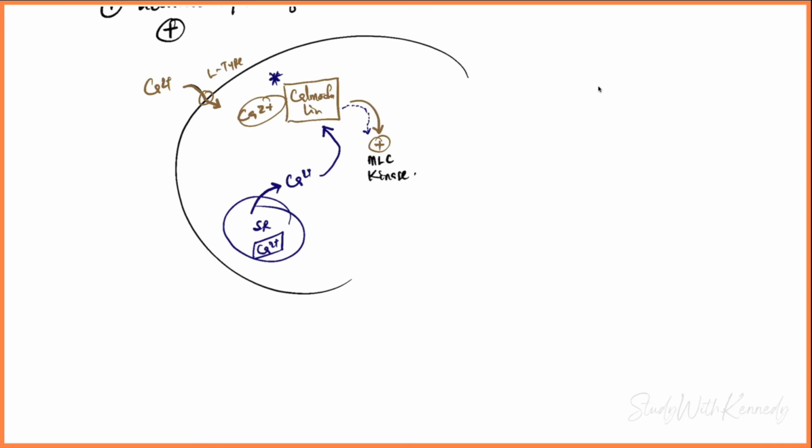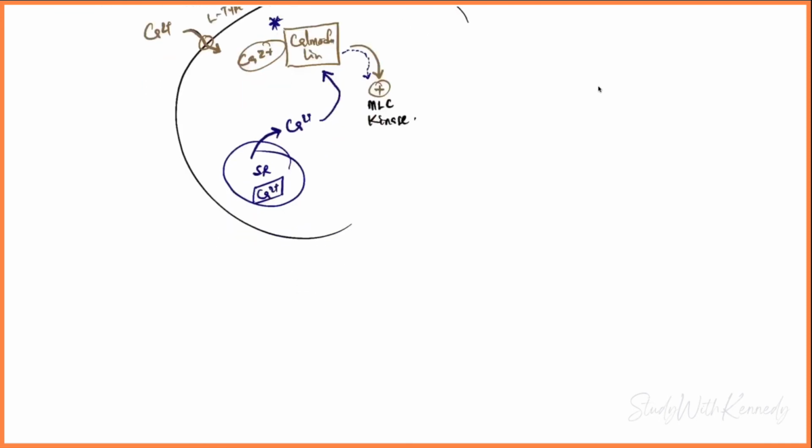We'll look at one of these mechanisms. The easiest way to increase contraction is to activate the sarcoplasmic reticulum, to cause it to release more calcium. The way to do that is by using a second messenger system involving IP3, inositol triphosphate.